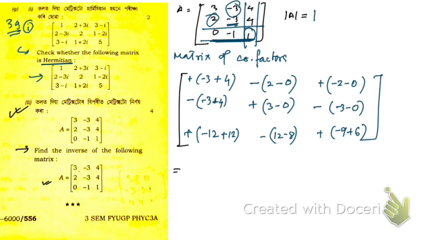So now let me find. So 1, then this is going to be -2, then this is also -2, right?